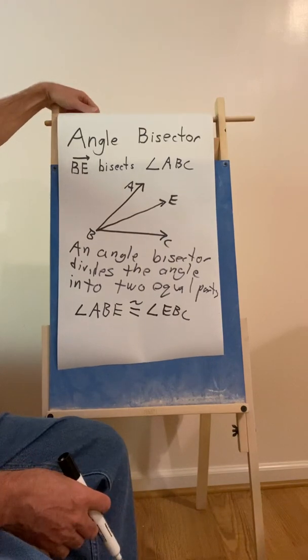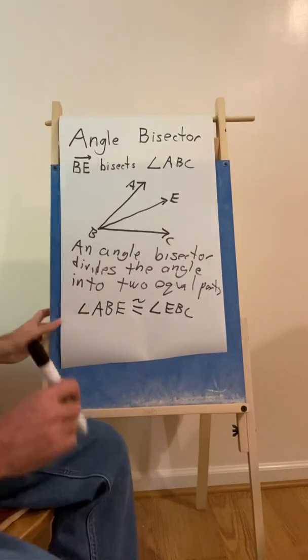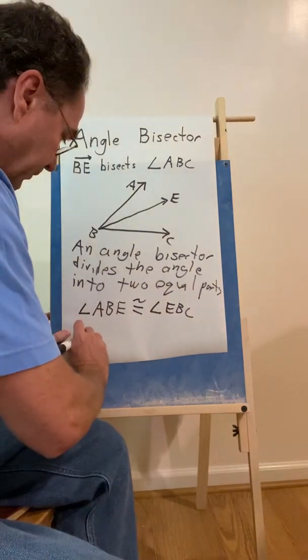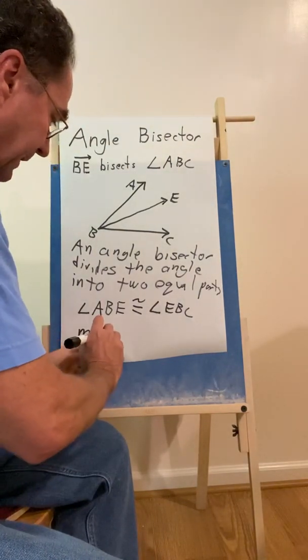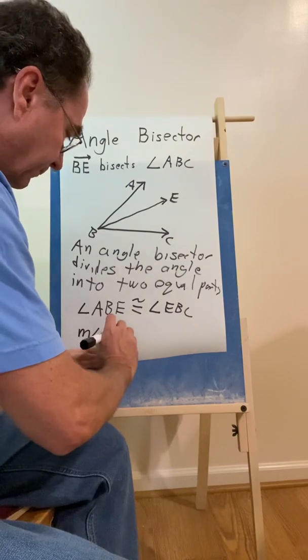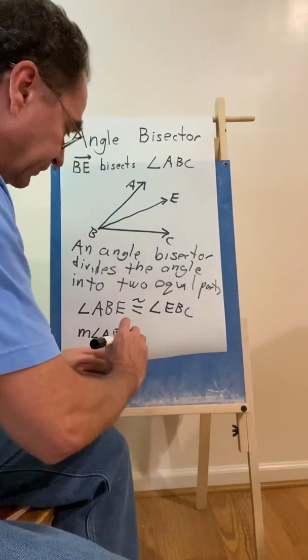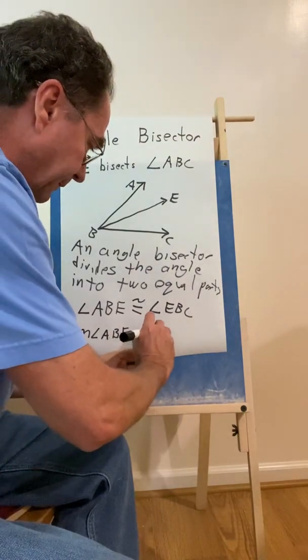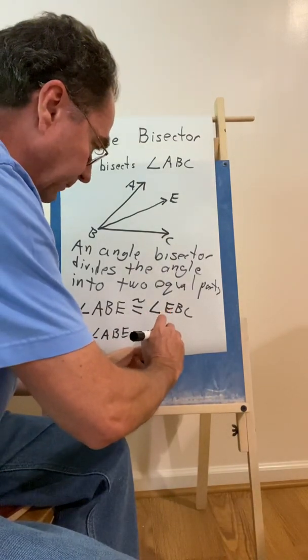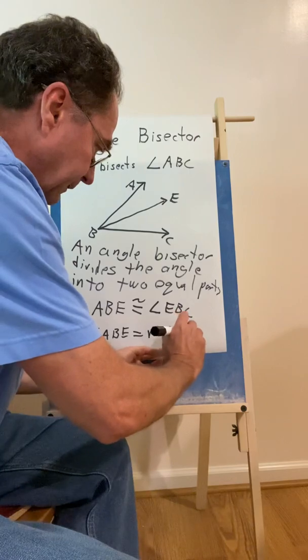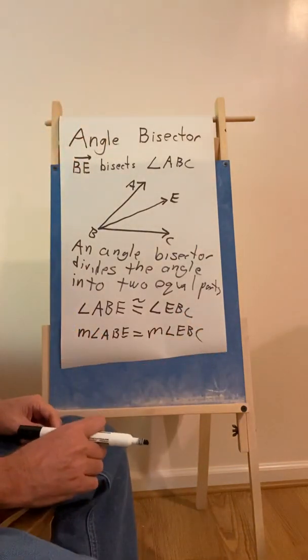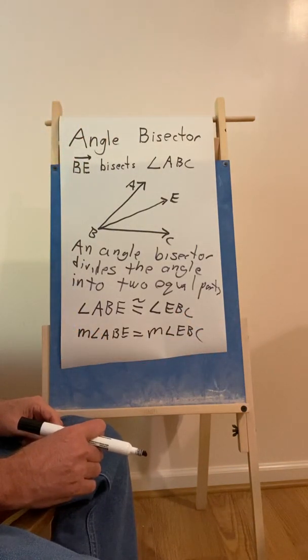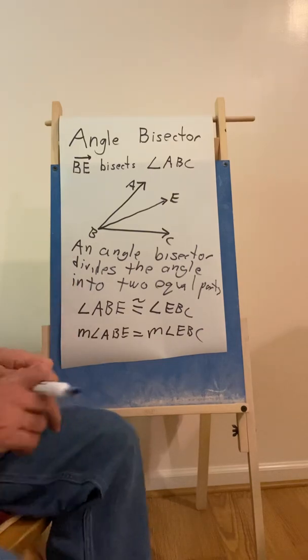So if we want to talk about the measure of the angle, you remember we use little m for measure, and we're going to say the measure of the angle ABE. And now since we're using numbers, we're going to use an equal sign instead of geometric objects, is equal to angle EBC. So those are the two equal parts.